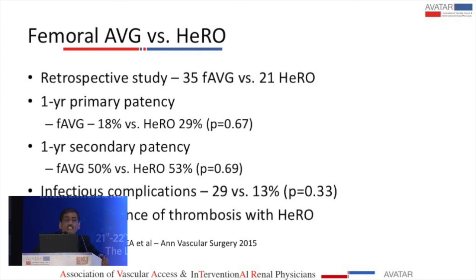They were not statistically significant. On the other hand, there was a much higher incidence of thrombosis with the HeRO device. A word of caution with the thrombosis in the HeRO device: since this is a really long artificial conduit, the thrombus load or the clot burden is very high. So attempting thrombectomy in these patients can definitely lead to complications, and there have been case reports of large, massive pulmonary thromboembolism during an attempt to declot these devices.